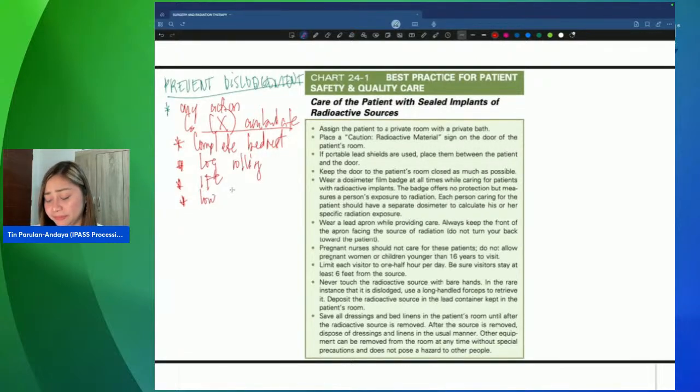Very good. Anything that reflects a low fiber diet is very, very important. And as prescribed, the HCP can prescribe antidiarrheals. A previous NCLEX question had an option of a cheeseburger.